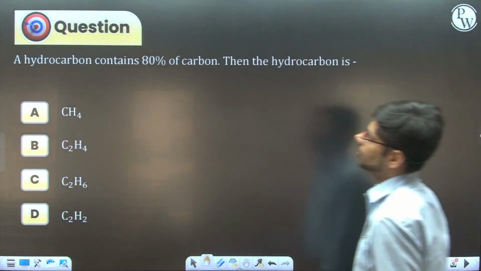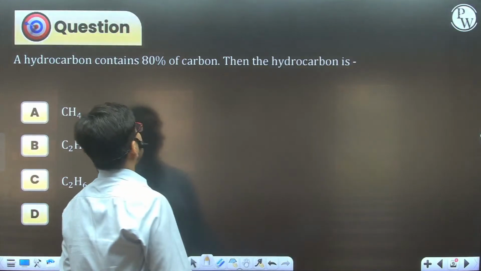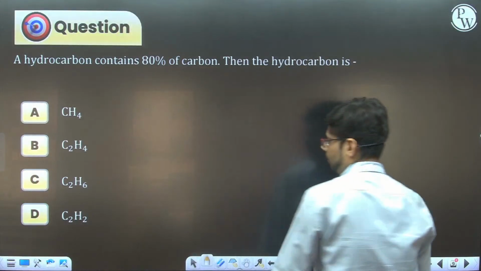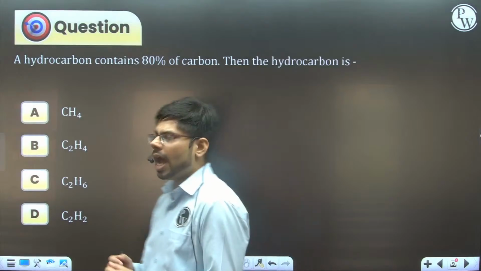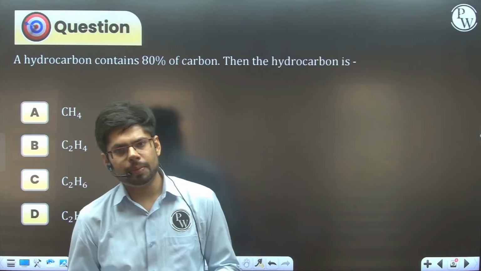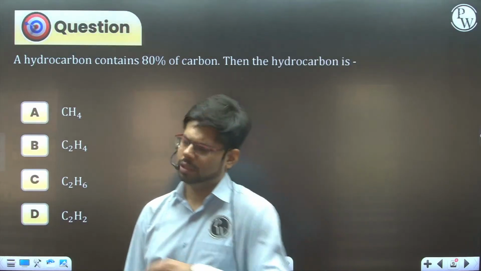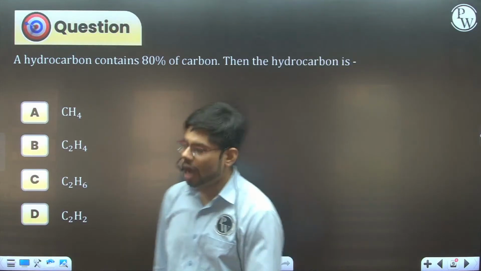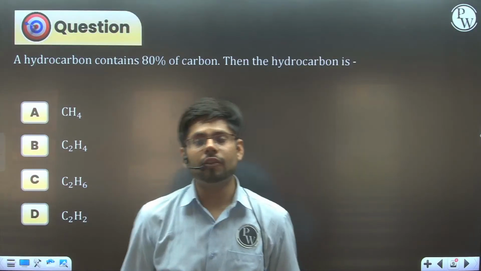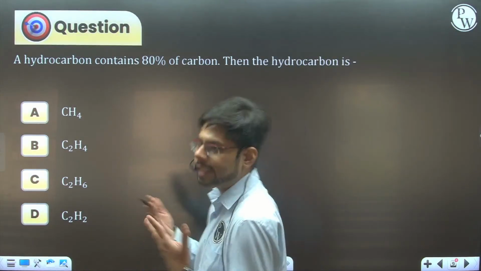Next question. A hydrocarbon contains 80% of carbon. What is the hydrocarbon? Okay. Now see, hydrocarbon itself means only carbon and hydrogen atoms are present. There is no oxygen, there is no nitrogen, there is no other element. A hydrocarbon will consist of carbon and hydrogen only. Hence, it's a hydrocarbon.